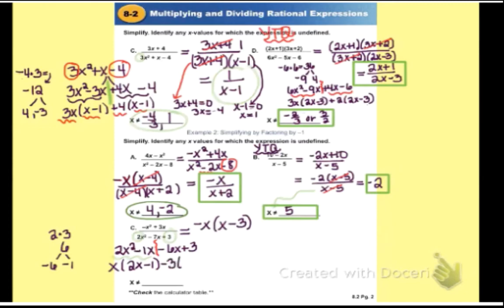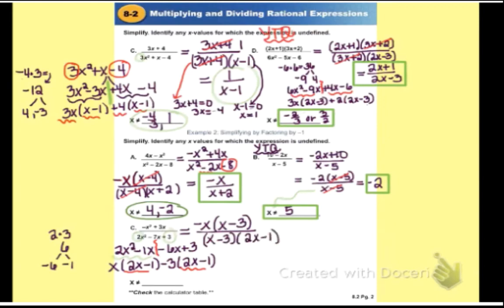I divide negative 6x by negative 3 and get positive 2x. I divide positive 3 by negative 3 and get negative 1. And there, now I have that common binomial factor. That means the factored form of this is x minus 3, the numbers out in front, and then the common binomial of 2x minus 1.